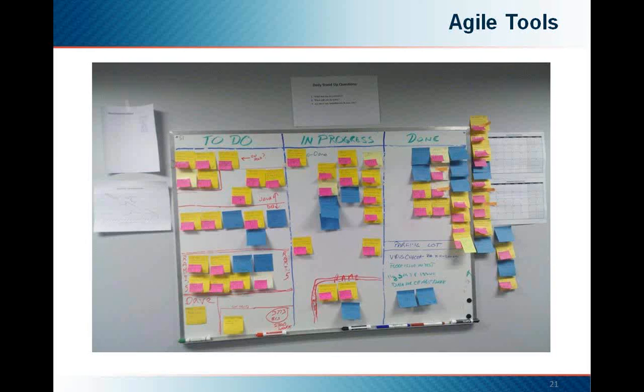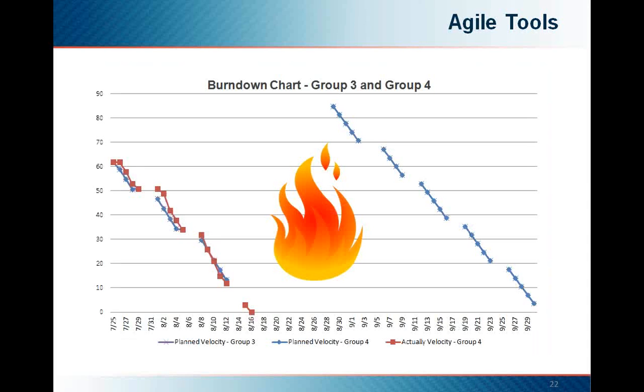By identifying these in flight, so to say, we can immediately determine the impact and plan accordingly. Around the board are other important Agile tools: a burn-down chart, a calendar, and of course the 3 questions for the stand-up team are on the top.